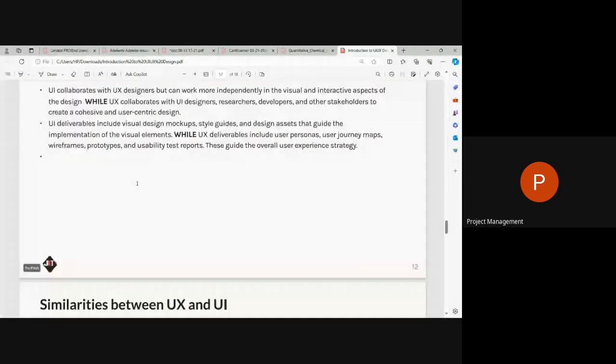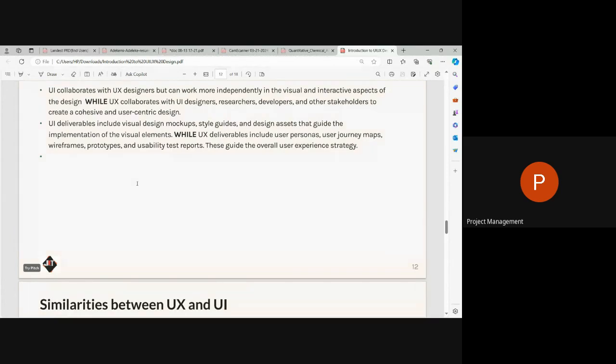Then for UI deliverables, they only deliver visual design mockups, style guides, and design assets, because that's something in design that we call design system, design assets, style guides. They're just to guide you on how you implement your design.